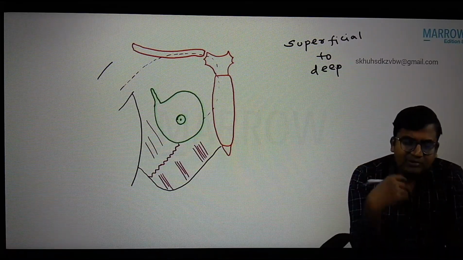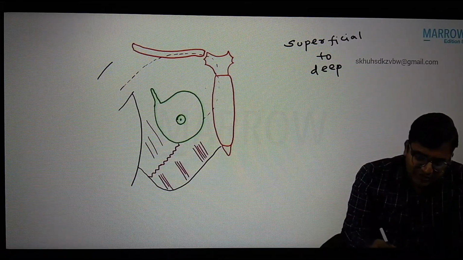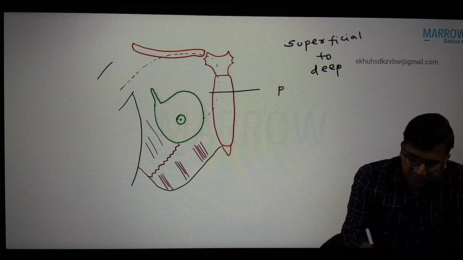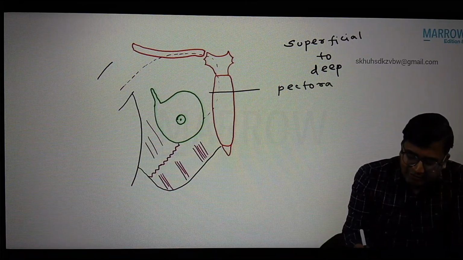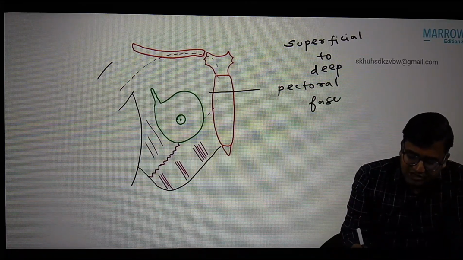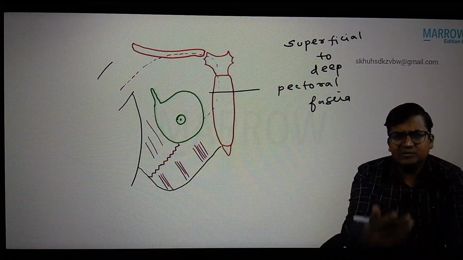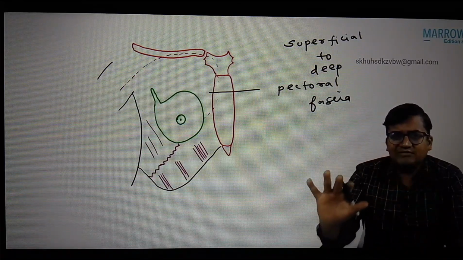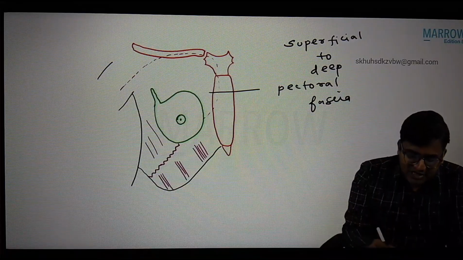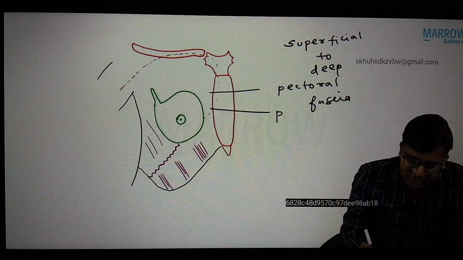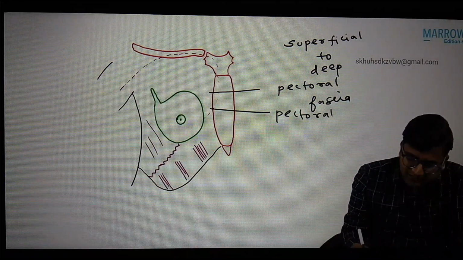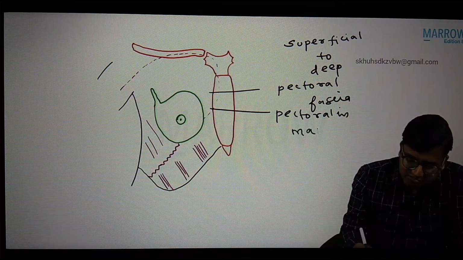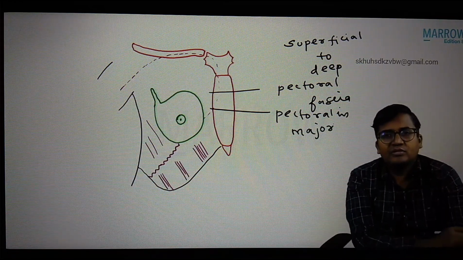Deep to the mammary gland we see a fascia. What is that? That is our pectoral fascia, situated just deep to the breast and the mammary gland. The pectoral fascia covers the pectoralis major muscle, and deep to that you will see the pectoralis major muscle.